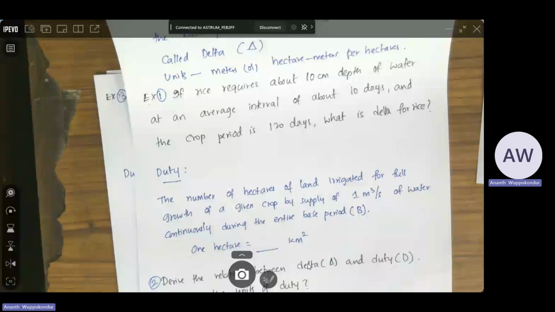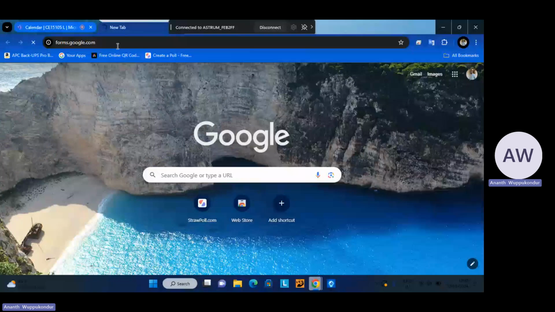Usually the watering is every 1 to 2 weeks, like 16 days. So let's say you are irrigating some hectares of land and you're providing some depth on top of the land. So you're providing some depth divided by the area. That would be per hectare.